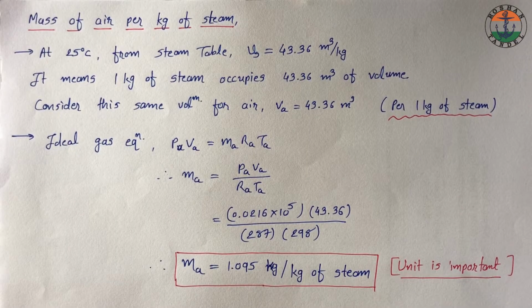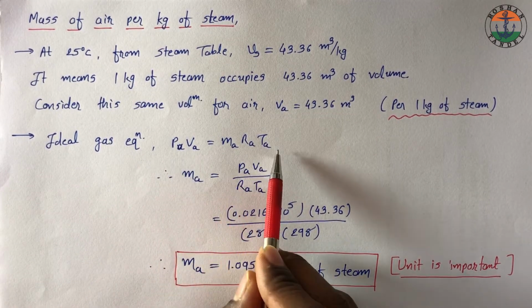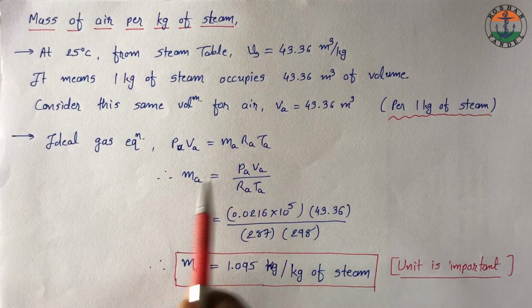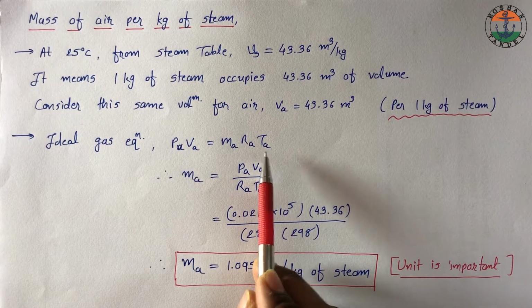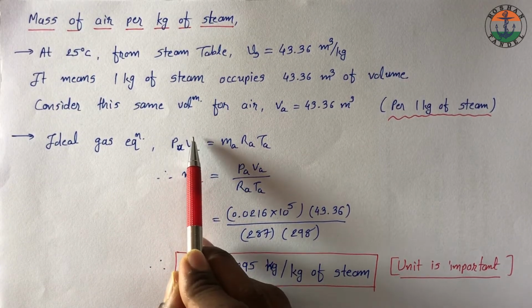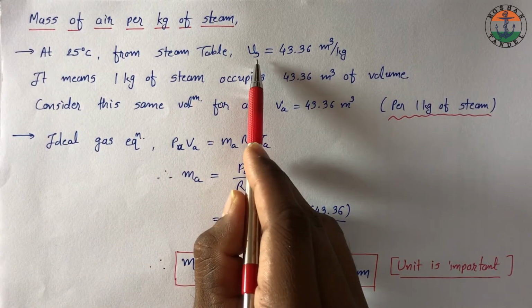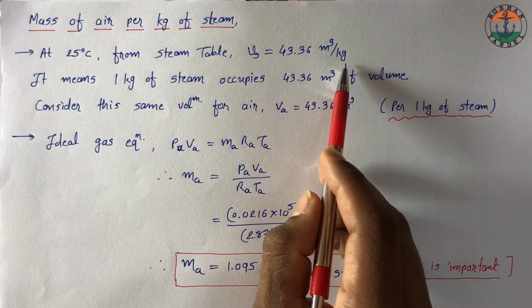To find mass of air per kg of steam, you have to use ideal gas equation, which is PV is equal to mRT. Apply this equation for air. Here, you have the value of PA, RA and TA, but VA is unknown. For that, at 25 degrees Celsius from steam table, find Vs, which is equal to 43.36 meter cube per kg.